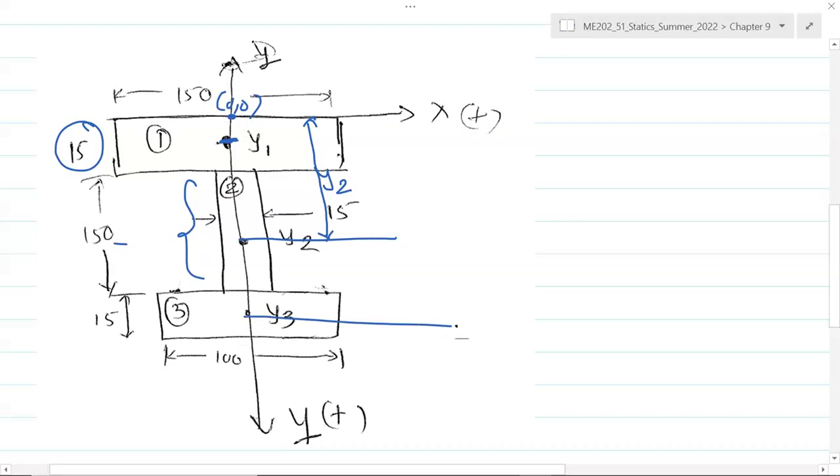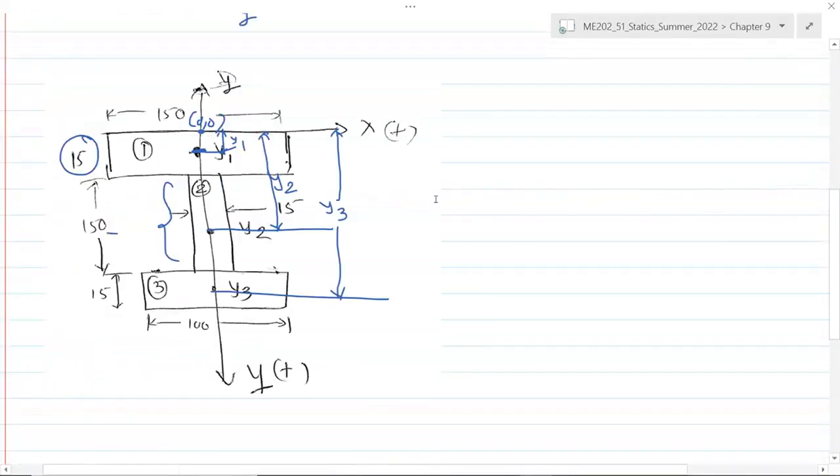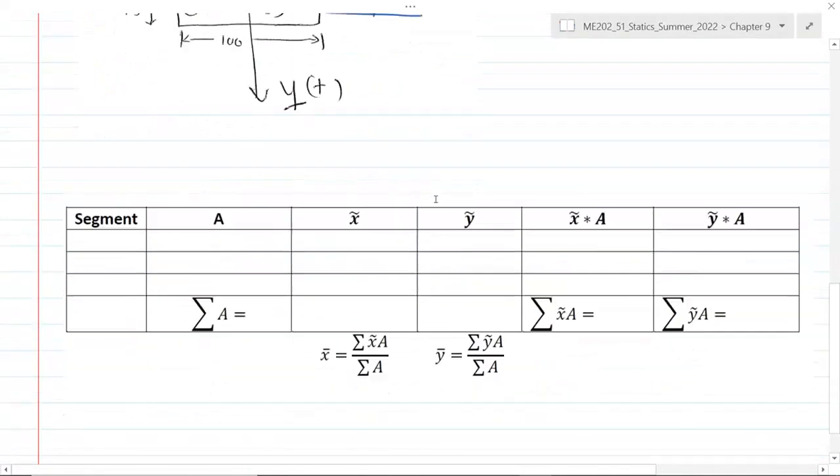For the third shape, the centroid is half of that particular shape, which is 7.5, plus all the way 15 plus 150. So this is y3 for the third shape. So y1 is here, y2 is here, and y3 is here. We can calculate these values using simple math and just fill out the table.